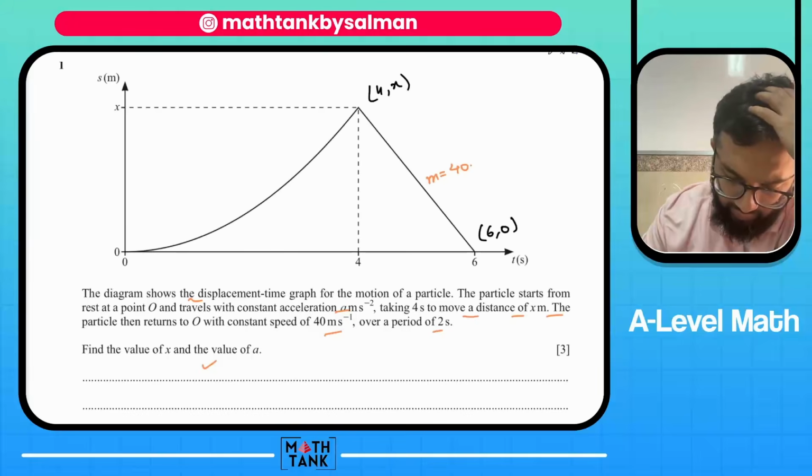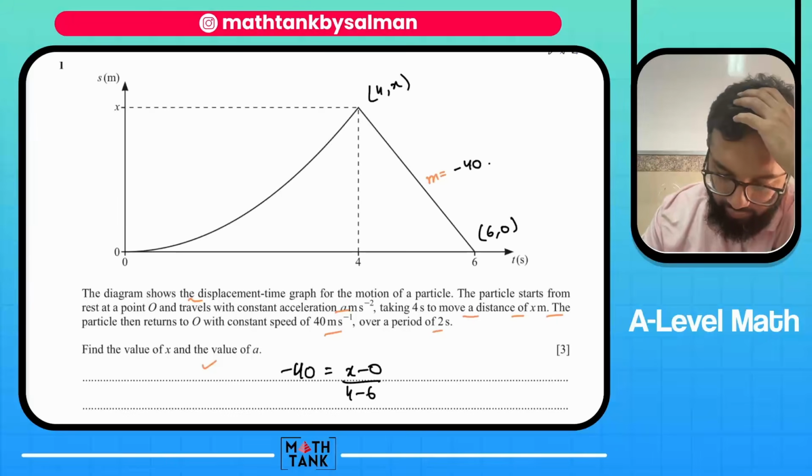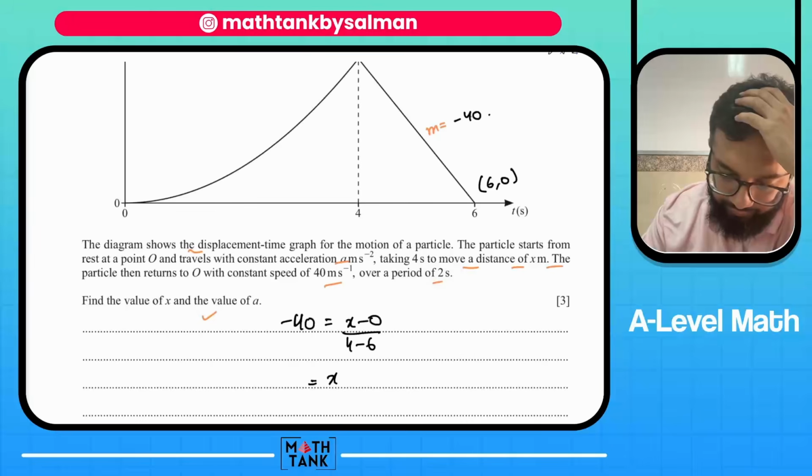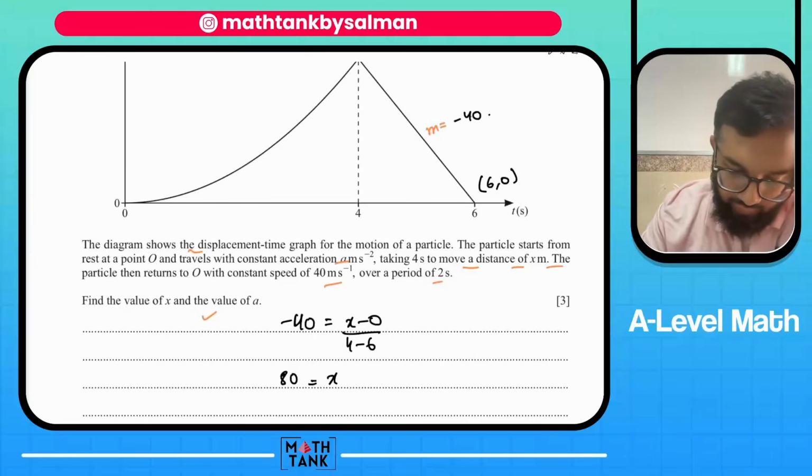That's easy. The gradient is minus 40 in this case, so y2 minus y1 over x2 minus x1. So x is then 80. Okay, that was easy.